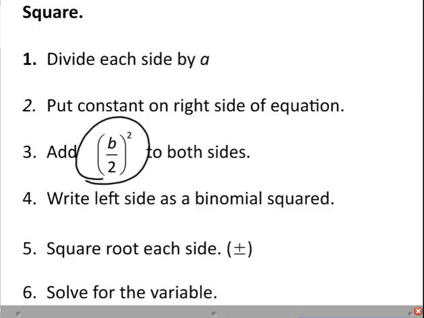Don't forget about the plus or minus. It's important you remember the plus or minus. Whenever we take the square root, you have to do the plus or the minus. And the last thing you're going to do is solve for the variable. So, steps to complete the square. There's a lot of steps, but each step is straightforward. There's no tricky parts in any of the steps.